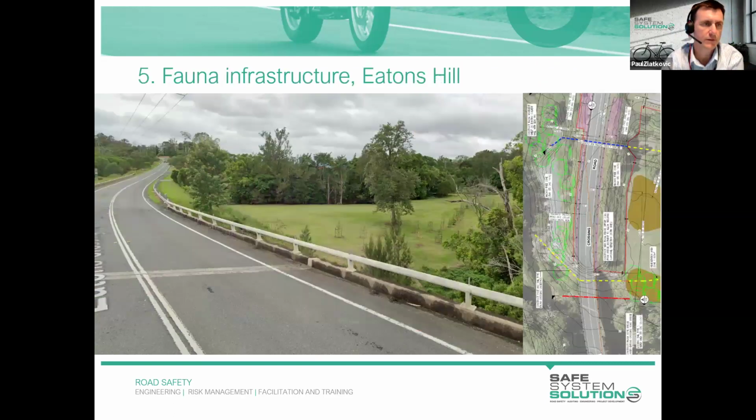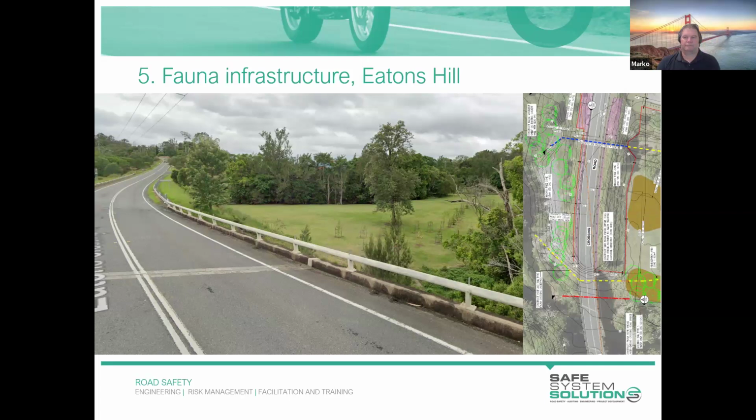And 5, fauna infrastructure at Eaton's Hill. Fauna infrastructure is not something I know too much about, but I understand you've got your green infrastructure team at council, and there's a fair bit of it throughout Moreton Bay, which is great. Here I can see there's a post and rail fauna crossing in a culvert.